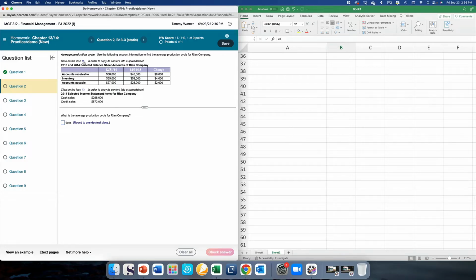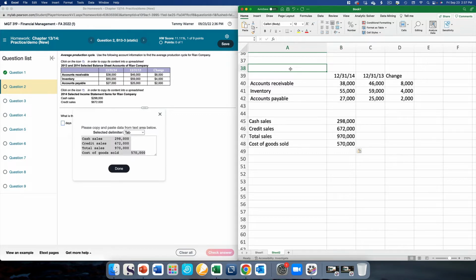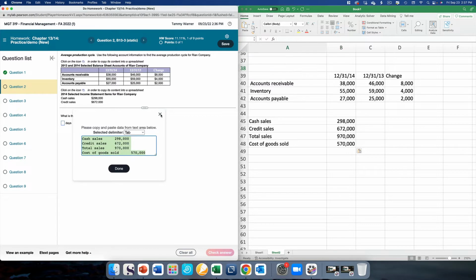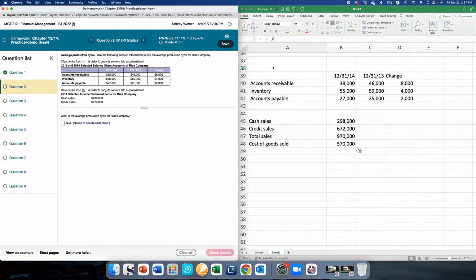Now, I am going to copy all this stuff over. The next several questions use this setup. Right, so what we're going to do is some preliminary calculations first. Okay, the first thing to notice is that these are balance sheet accounts on top. These are accounts that show up in your balance sheet.